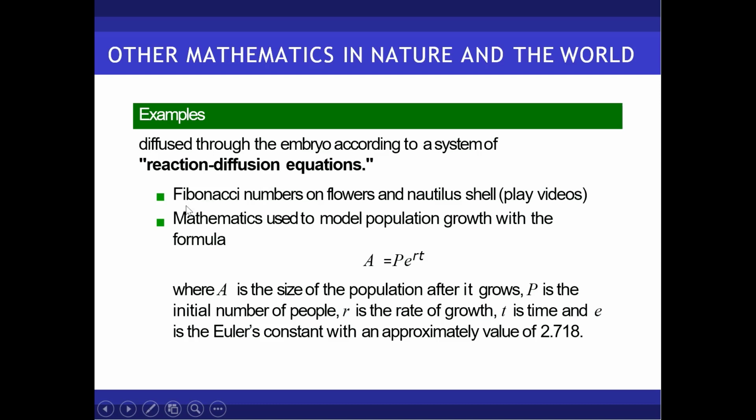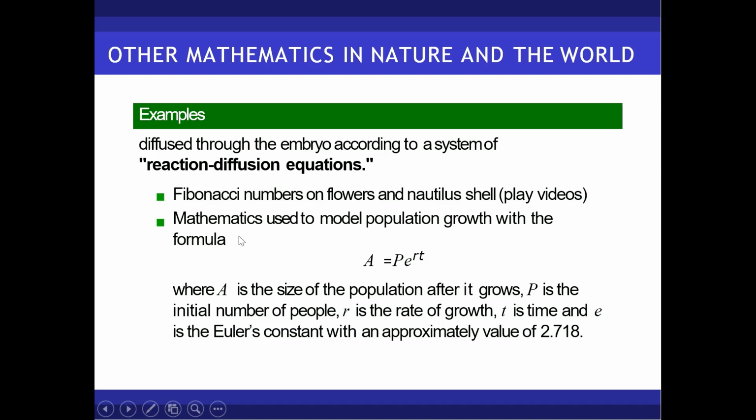So other examples of mathematics in nature are the Fibonacci numbers on flowers and the Nautilus shell. So those patterns in flowers and in shells.